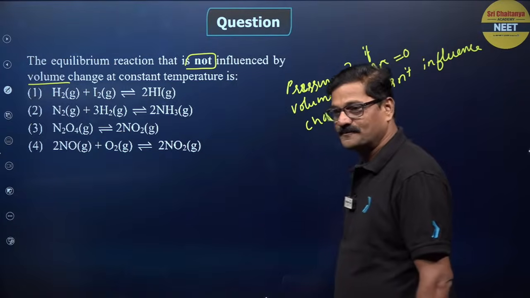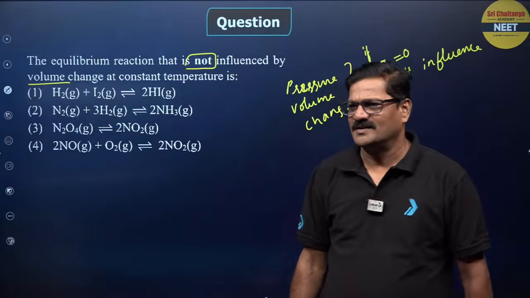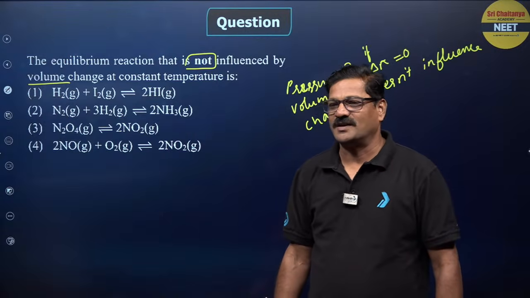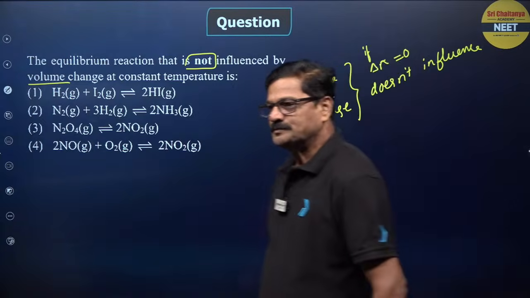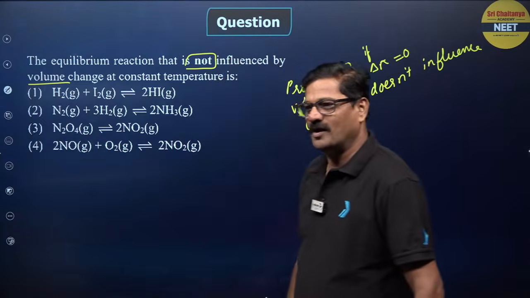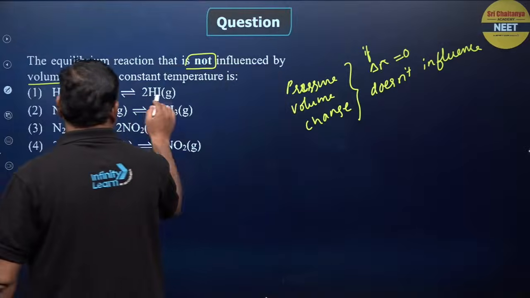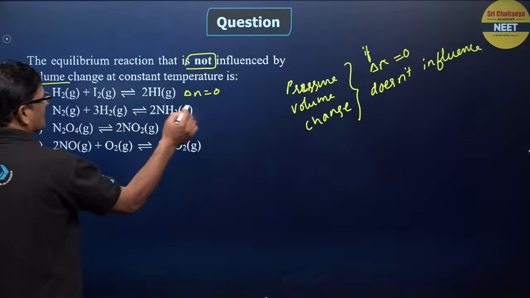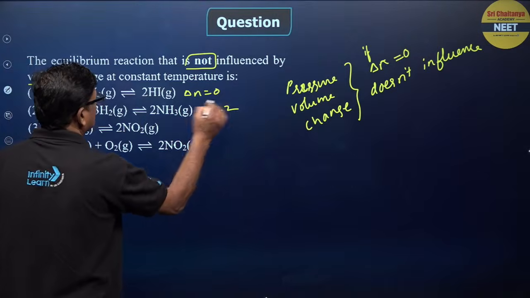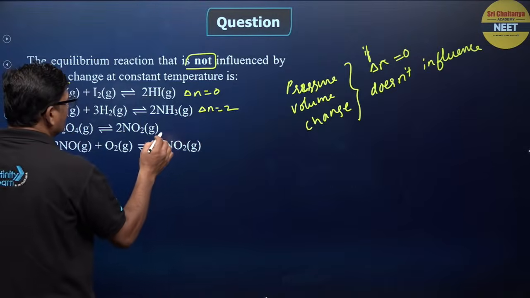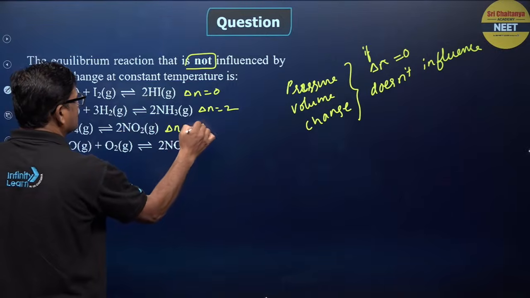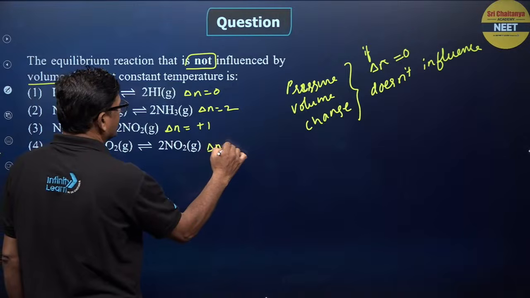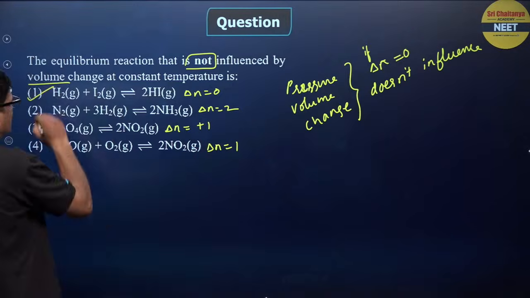That is simple. It is going to be delta N equal to 0. This one is delta N equal to negative 2. This is delta N equal to positive 1. It is delta N equal to negative 1. My answer for this question is option 1.